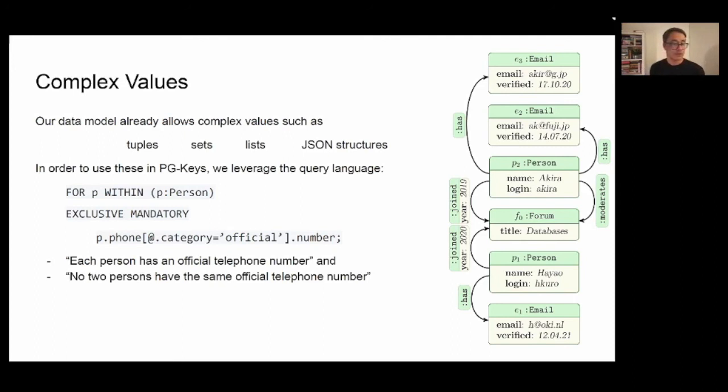Suppose that each person has an official telephone number and no two persons have the same official telephone number. Well, then we can do this by inspecting the phone collection and looking at official phone numbers within that collection.